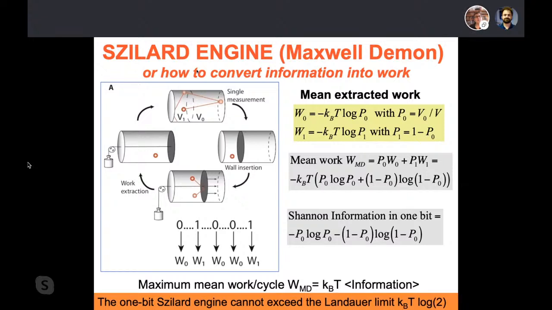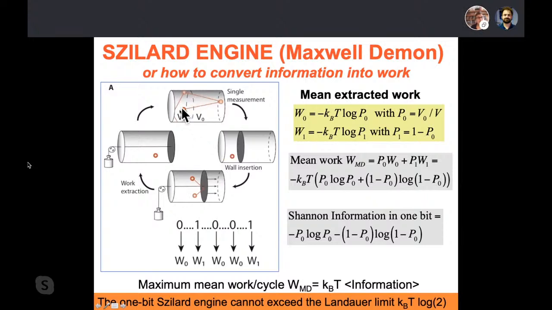First, because there is just one particle, and this is achievable with current technologies, and also because it's isothermal, and isothermal systems are much easier to set up than systems that are completely isolated. And therefore, the SZILARD engine has seen a lot of interest, but the concept is exactly the same.